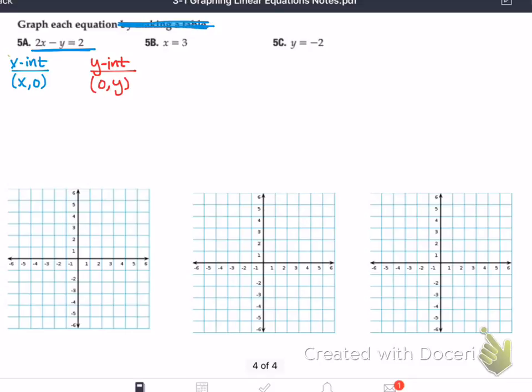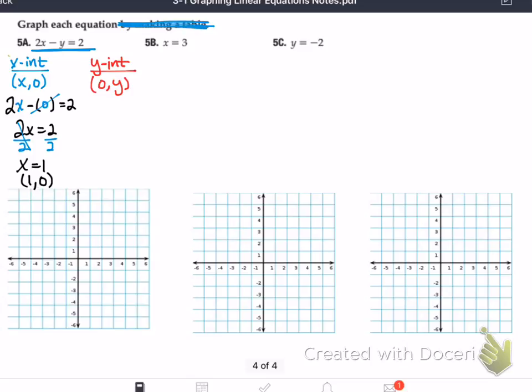For my x-intercept, I plug in x for x and 0 for y. Since 0 is nothing, I end up with 2x is equal to 2, divided by 2 on both sides. I get x is equal to 1. And so my x-intercept is 1, 0.